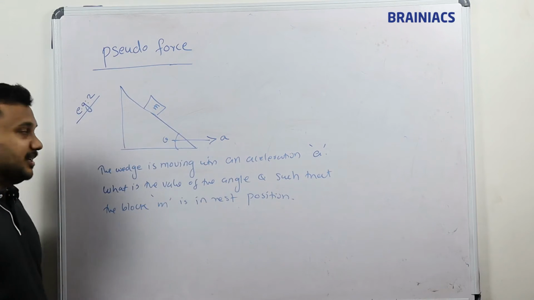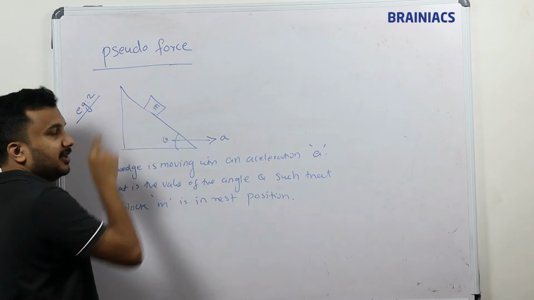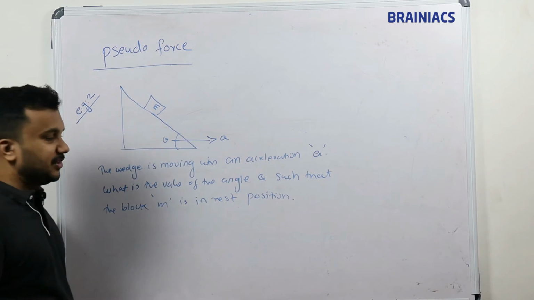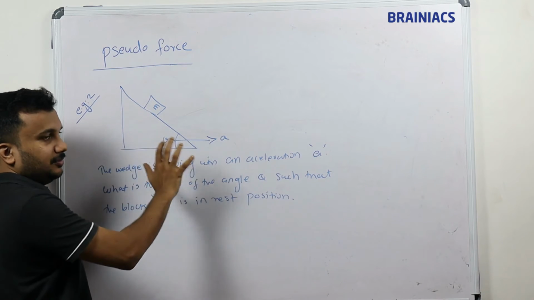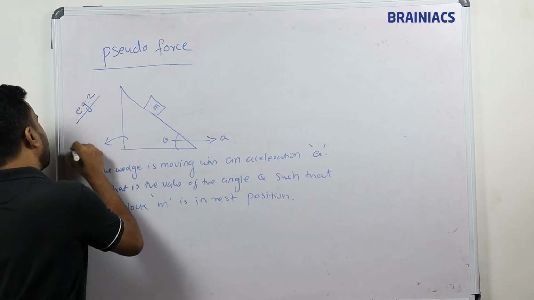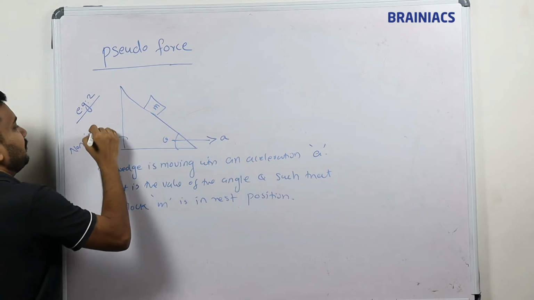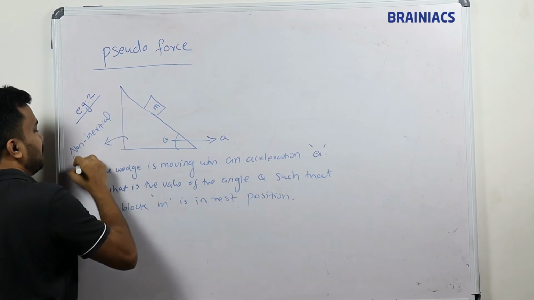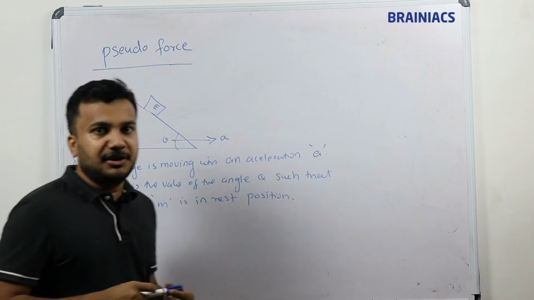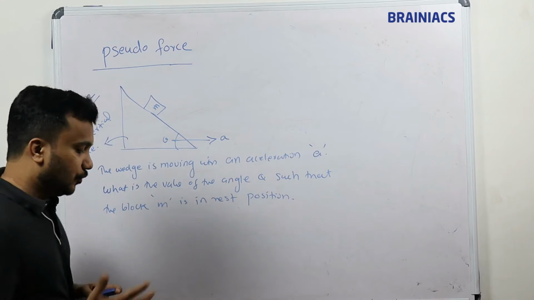Which means the block m is placed on a wedge. So the block is resting on a wedge and the wedge is moving. So this wedge is called a non-inertial frame. Non-inertial frame means what will we add in order to apply Newton's law? A pseudo force.